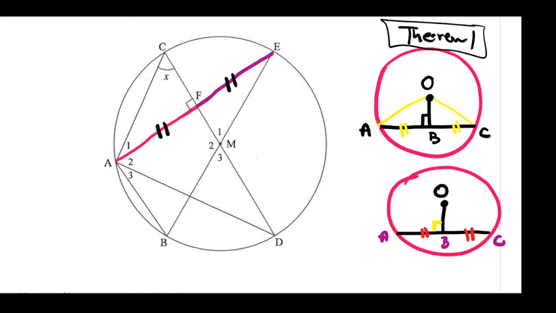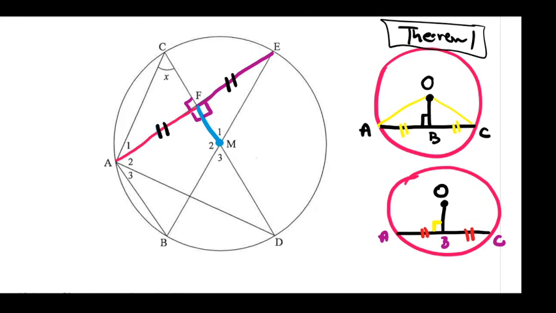This is the same thing that applies here, because we have this point here going to the center, right? This is the center M. And we are told that this part here is 90 degrees, meaning that this part will also be 90 degrees and this part will also be 90 degrees.